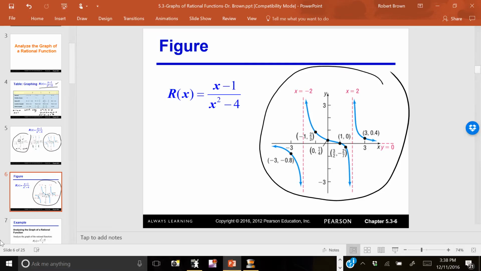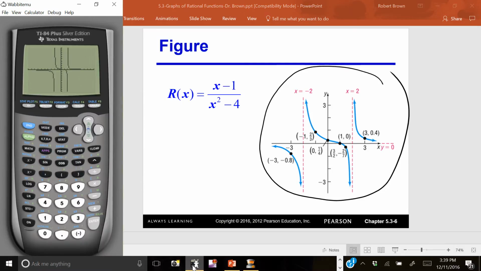We can expand it by zooming in a little bit, going to a window of, say, minus 4 to plus 4, and then on y min and y max from about minus 4 to plus 4. And this will show us more clearly the y-intercept, which is 1/4.